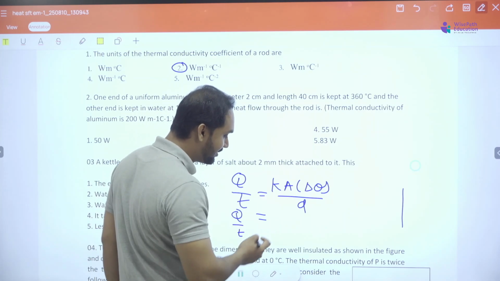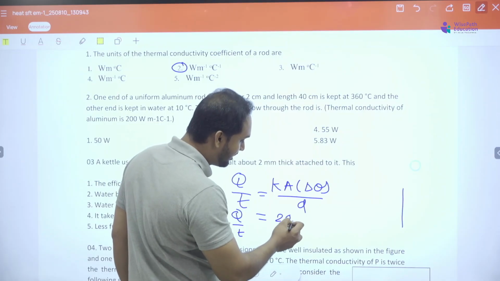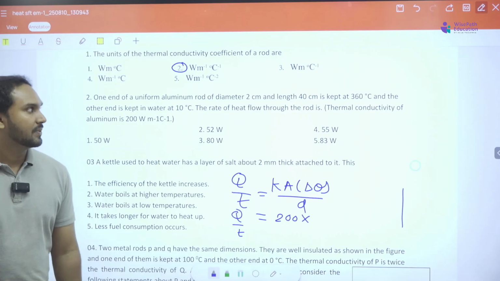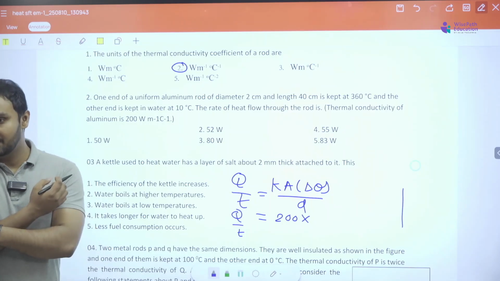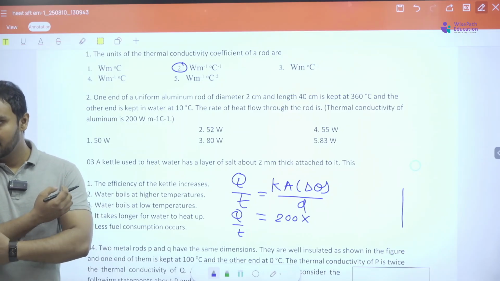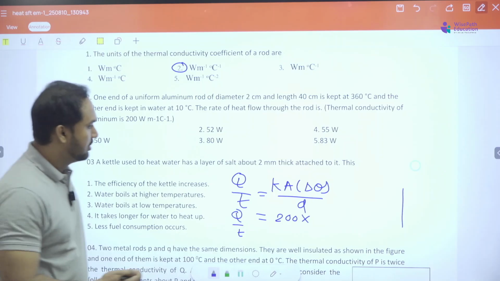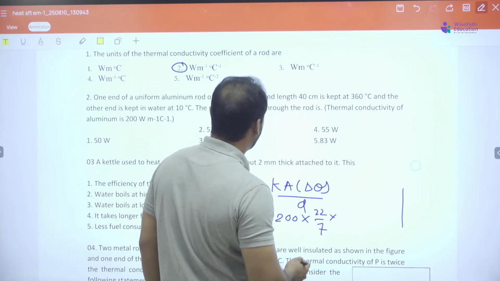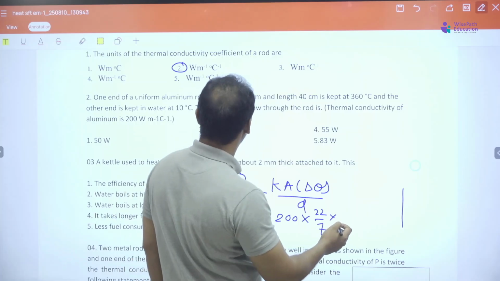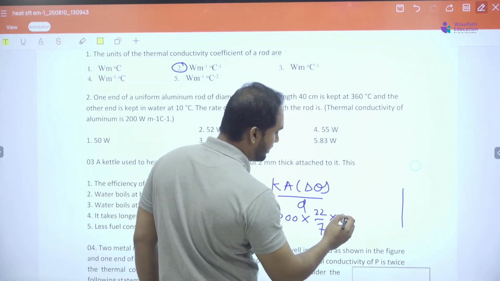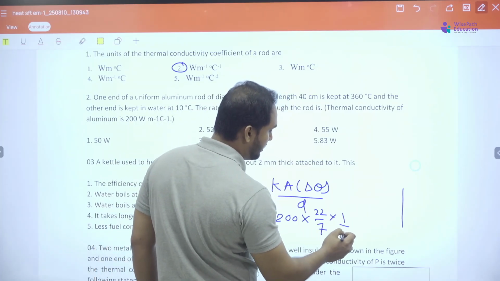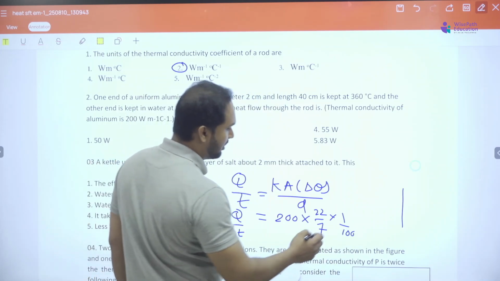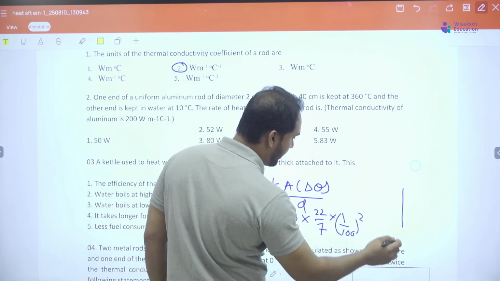Surely you applied 2000 or something. It's 200 into A, the cross-sectional area. Since the diameter is given, it should be pi r squared, so 22 over 7, r is 1 since the diameter is 2, and it's in centimeters, so you have to convert it into meters by dividing by 100, and it's squared, right?